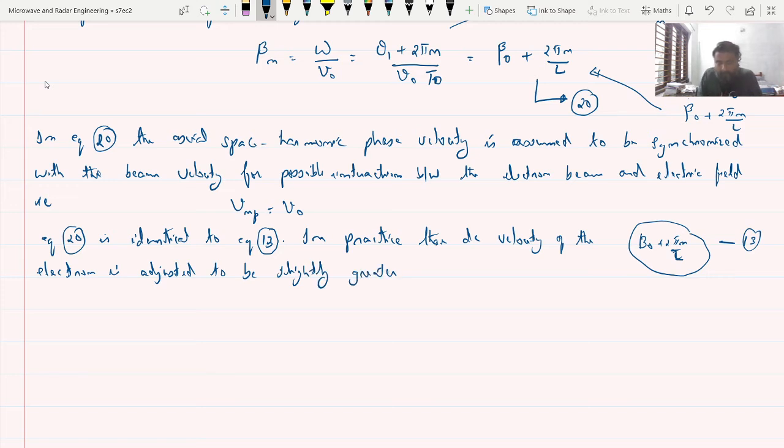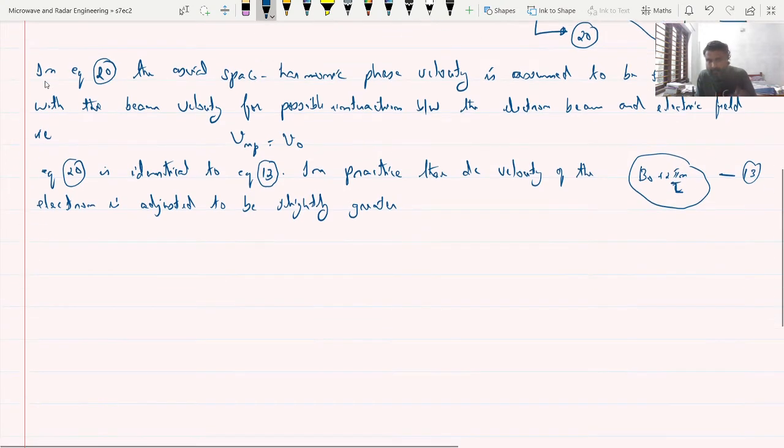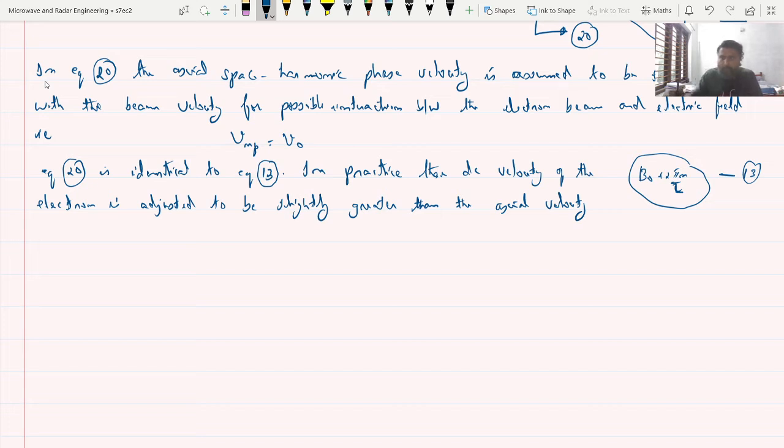Keep in mind, the DC velocity of the electron is slightly adjusted to be slightly greater than the axial velocity of the electromagnetic wave.